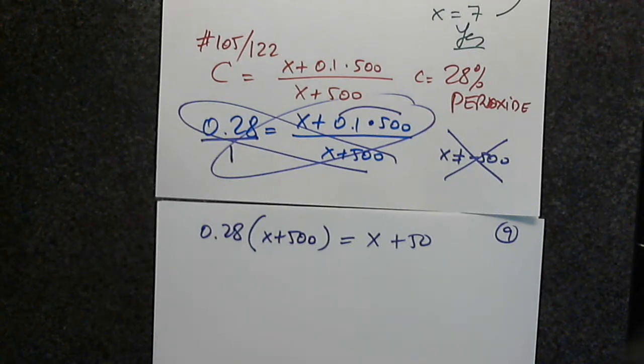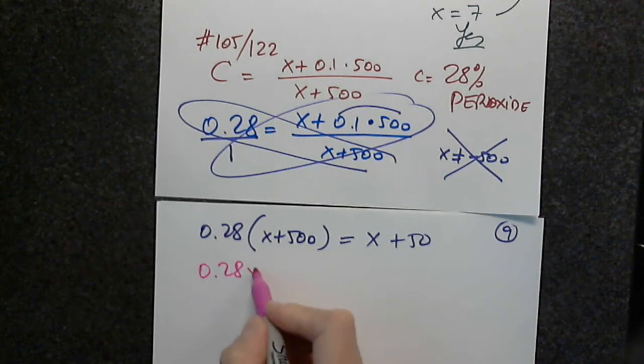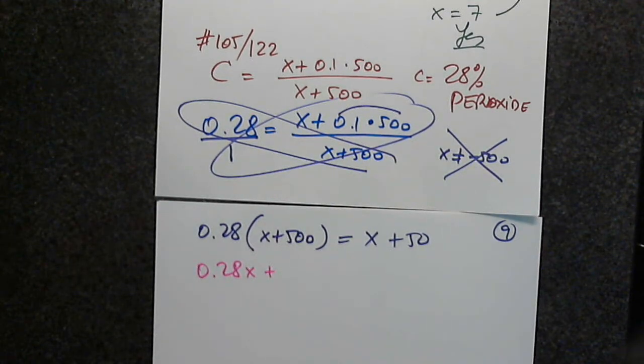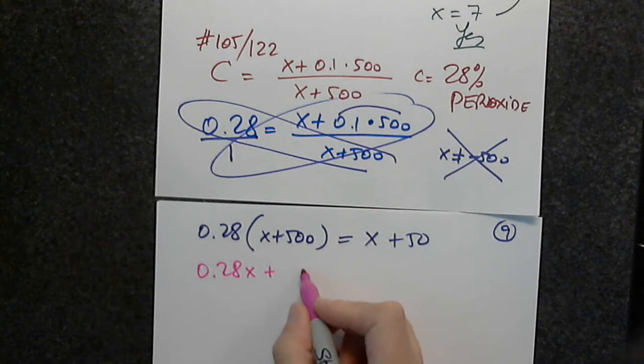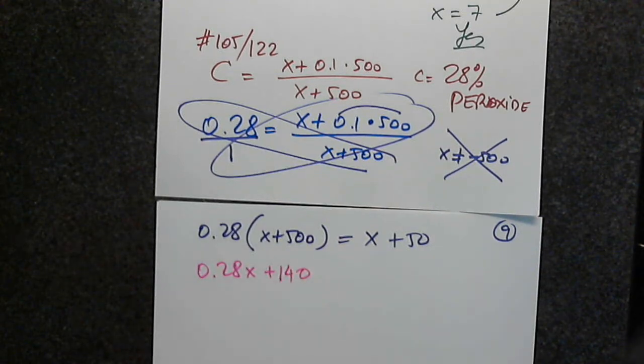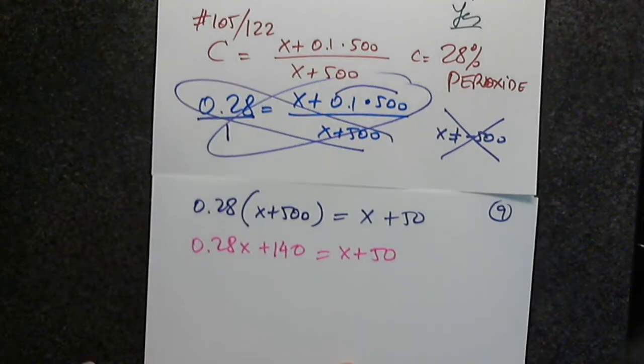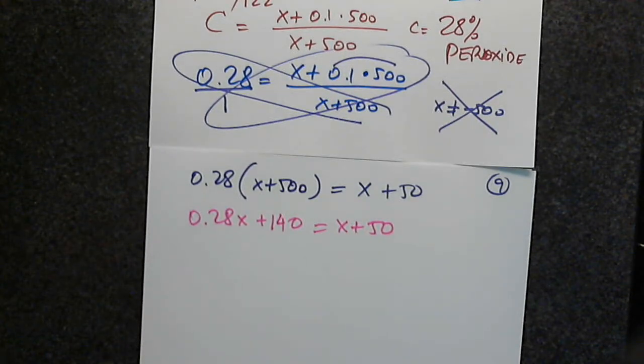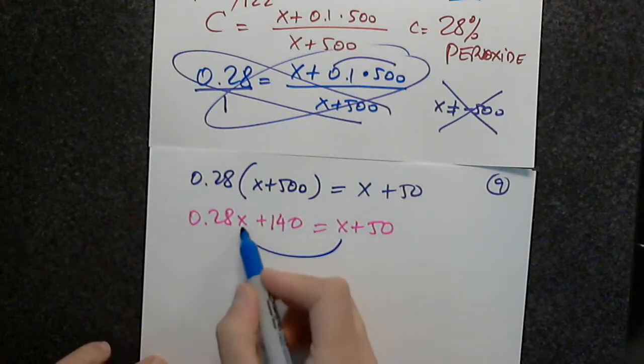So let's do just that. 0.28x plus 5 times 28. Is it 140? Equals x plus 50. What type of equation? We already said that. It's linear.